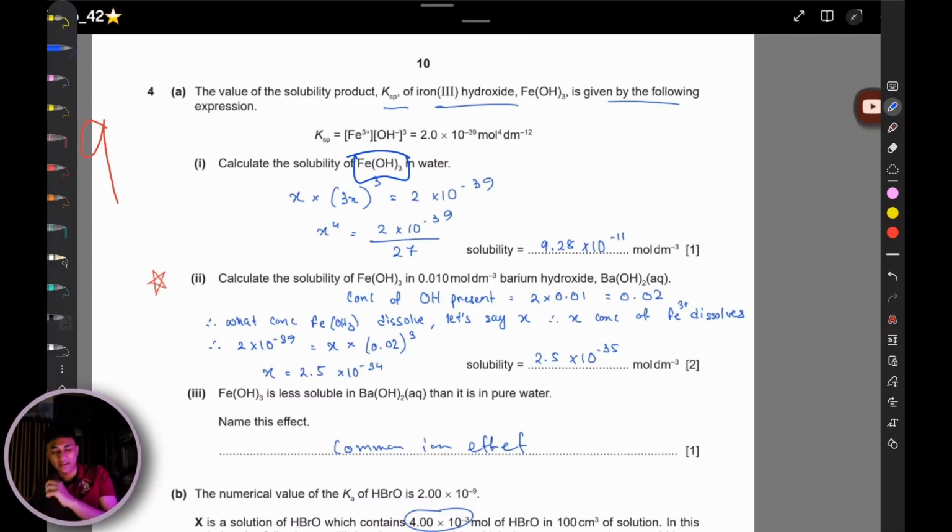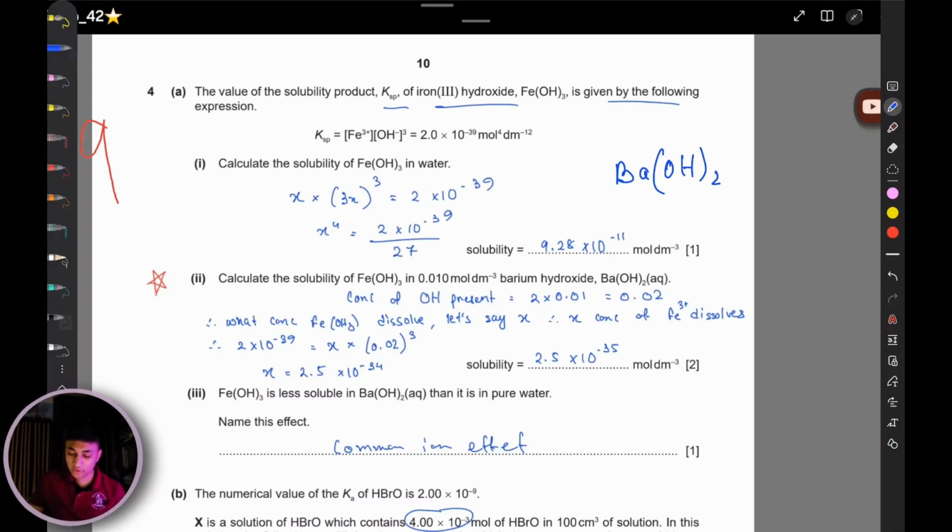Whatever solution you add, if there is a common ion between both, it is going to affect the solubility due to the common ion effect. So if you already have a concentration of barium hydroxide, that is Ba(OH)2, and now you add iron hydroxide into the solution, there is already a common ion over here, right? There are already OH ions.